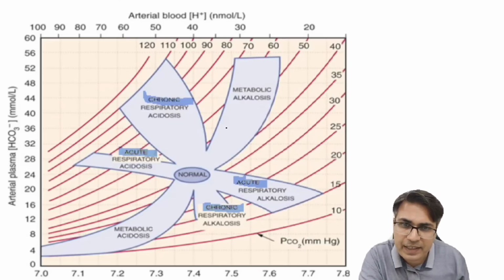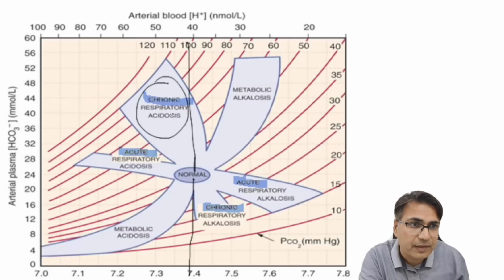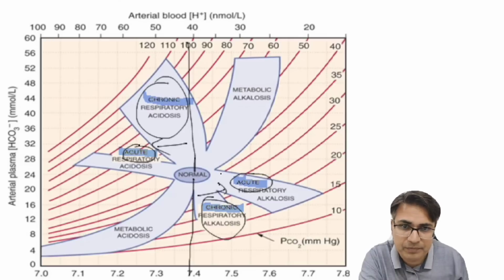To identify whether it is acute or chronic, just remember that if the line or a band is near to normal pH, then it is chronic. And if it is away from the line, then it is acute one. Okay.